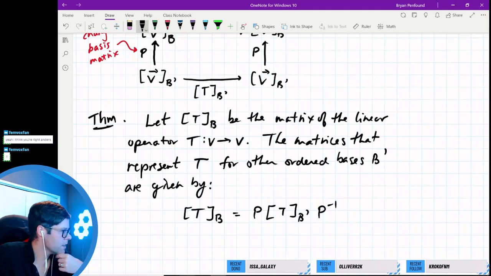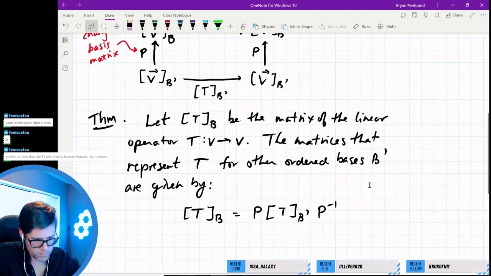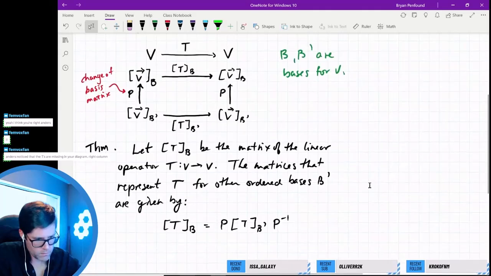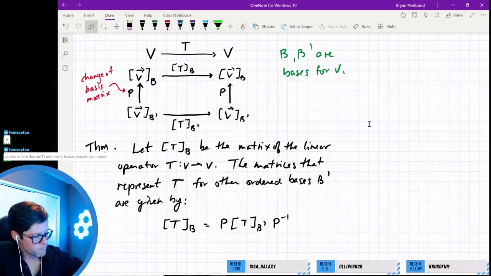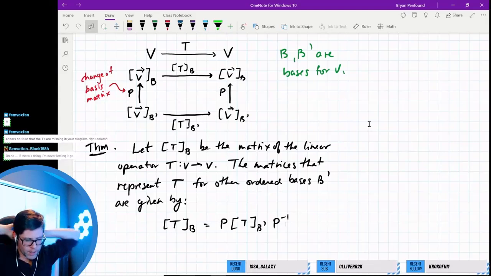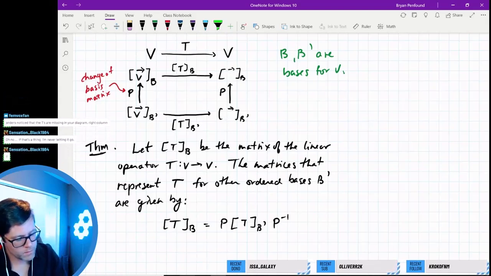Shouldn't we have T for the second? Oh, the T's are missing in my diagram. Can I write them just as W's? I know what you mean, yeah.